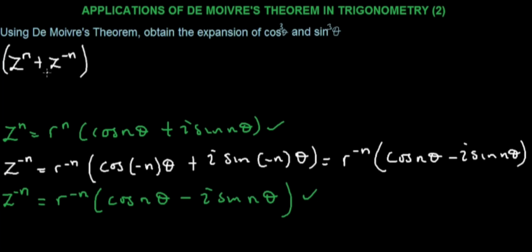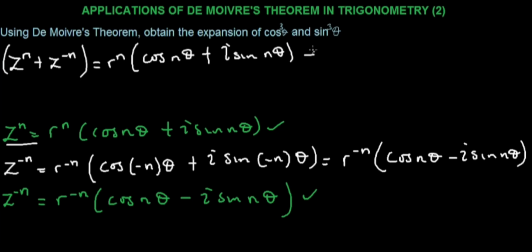I'll be having r raised to power n, cos n theta plus i sine n theta, plus r to the power of minus n, then I'll have cos n theta, but this time minus i sine n theta.